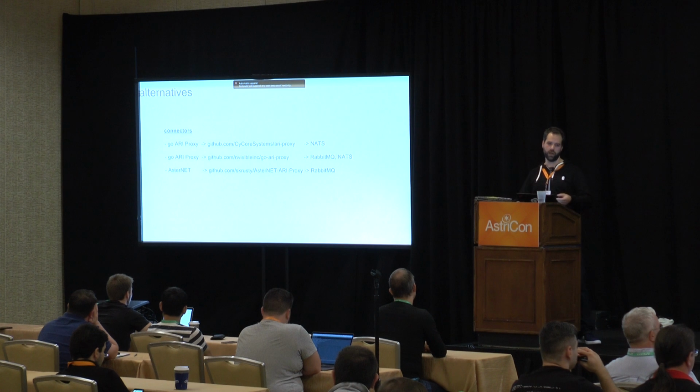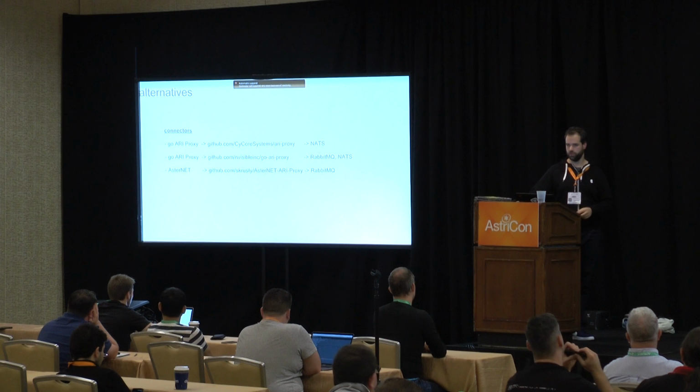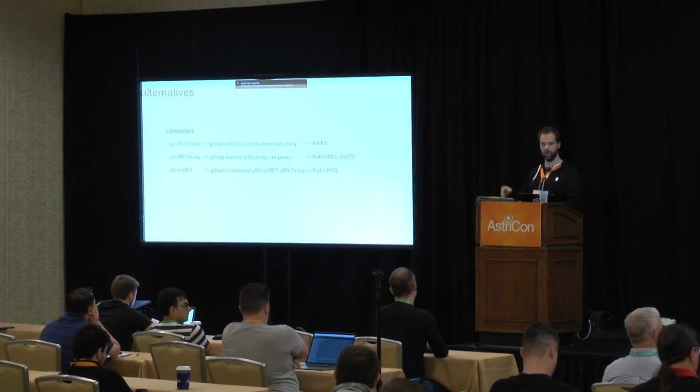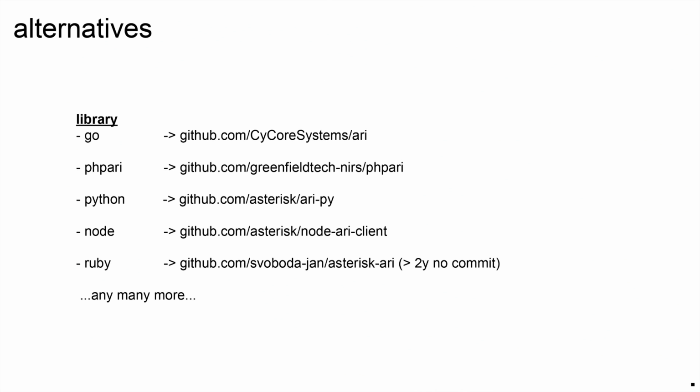All these three enable you to have code not running on the Asterisk, which is configuring or manipulating calls on the Asterisk. But there are some other options to manipulate calls on ARI when you want to run a local script on the Asterisk. There we have again a Go library from Psychosystem.